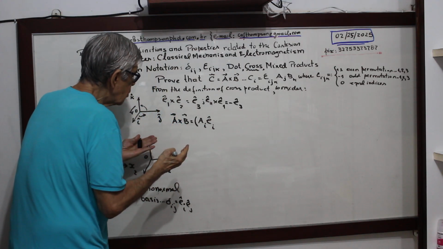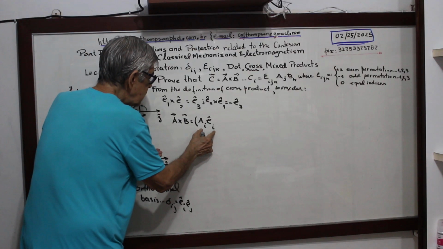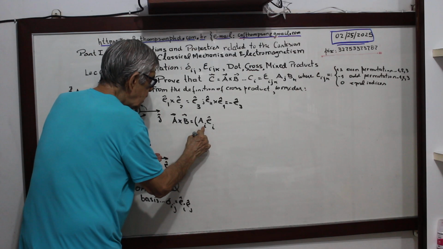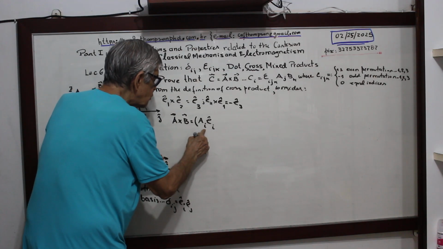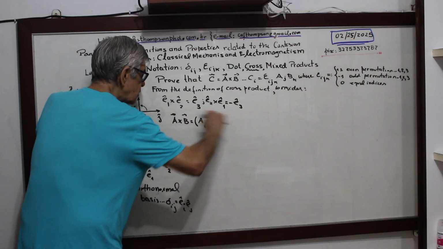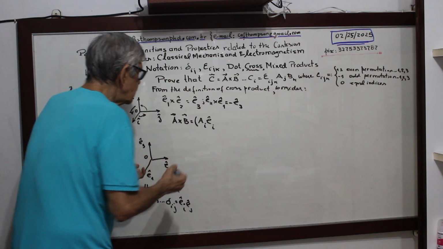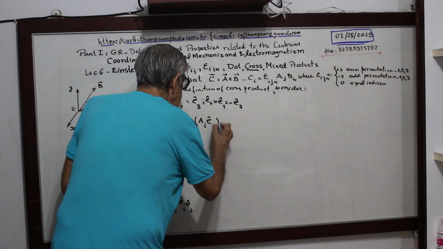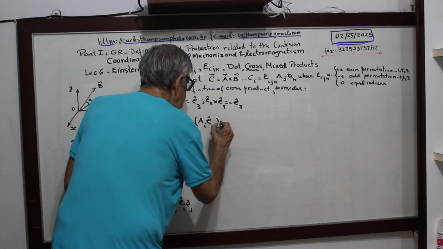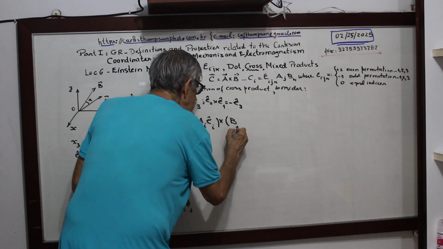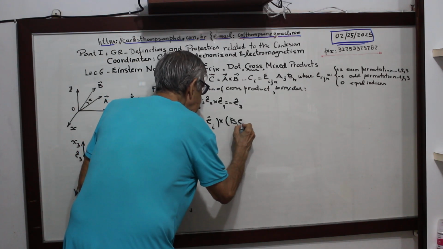Look how simple. These are dummy. There will be a1 e1 plus a2 e2 and so on. Instead of writing in a long row, I just put it here, this simple way. Cross b_j e_j.